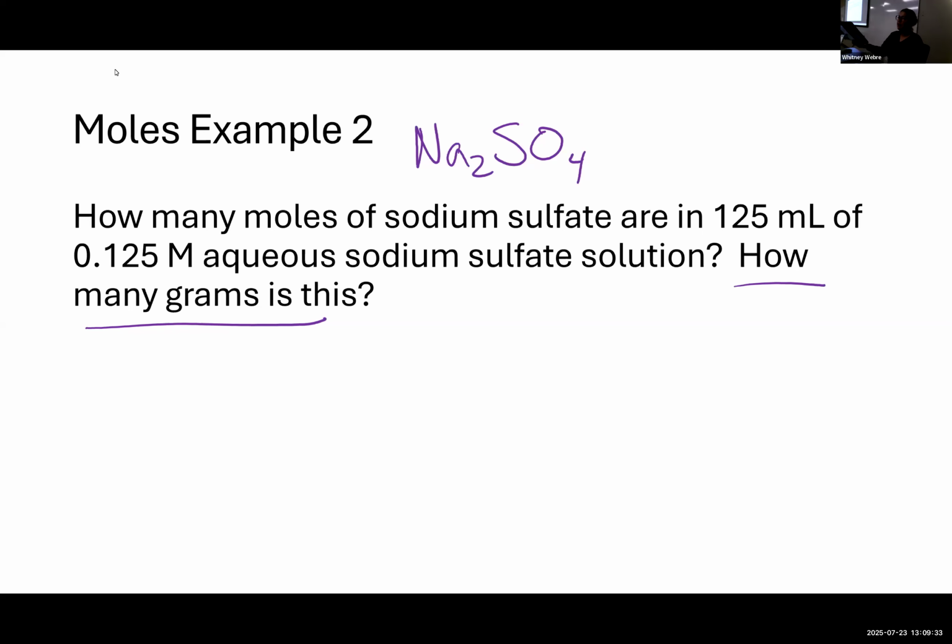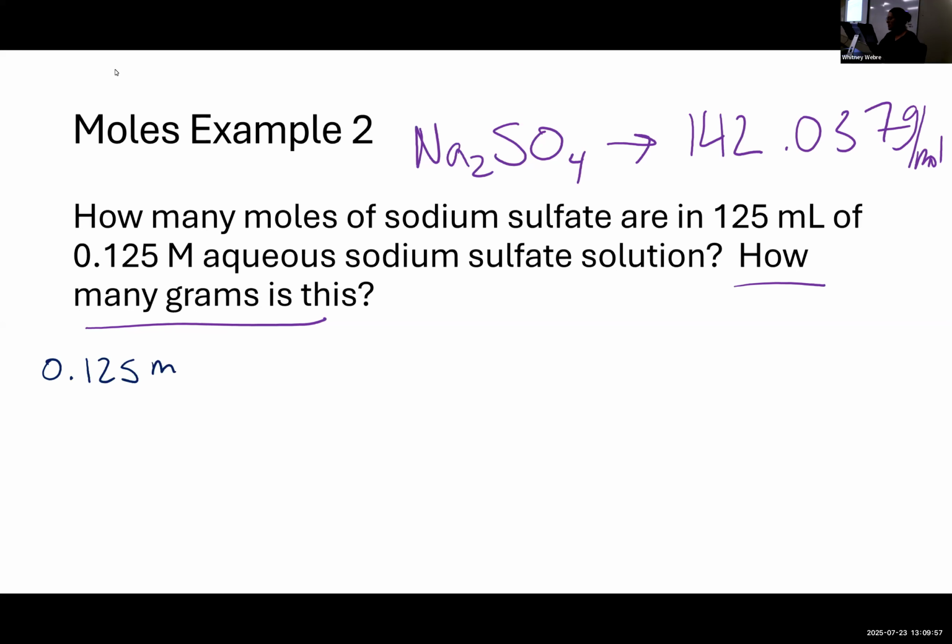First, I found that the molecular weight of Na2SO4 was 142.037 grams per mole. Let's start with what we're given. If I need to figure out moles, I can multiply my molarity by volume, and that will give me moles. So in this problem, we can break it up. 0.125, that's moles of Na2SO4 per liter, and I need to multiply it by a volume in liters.